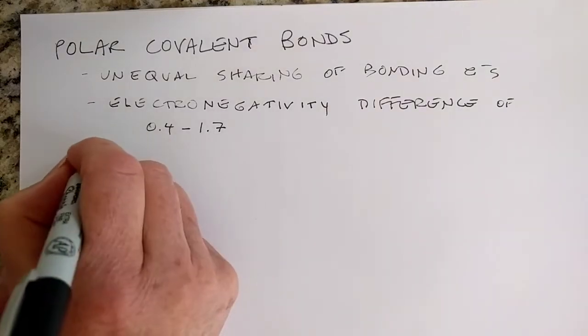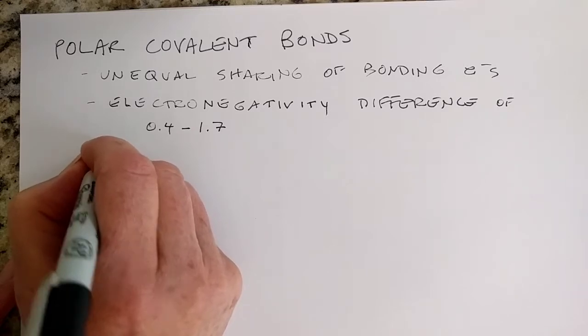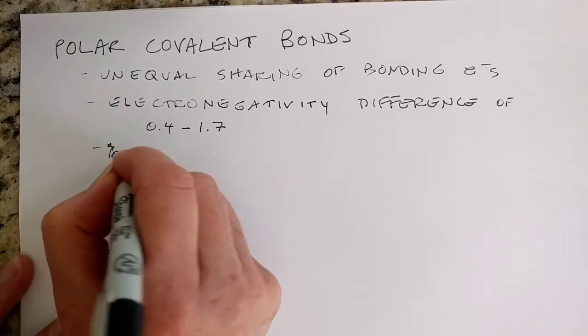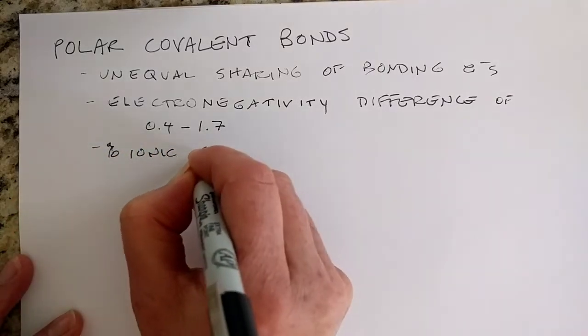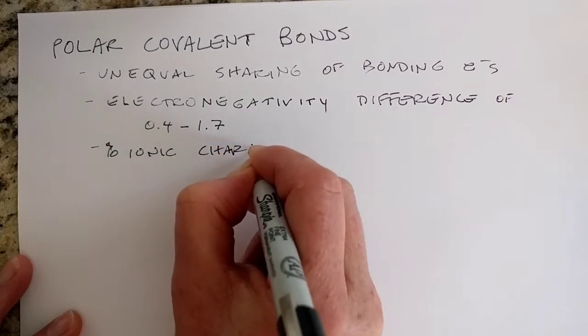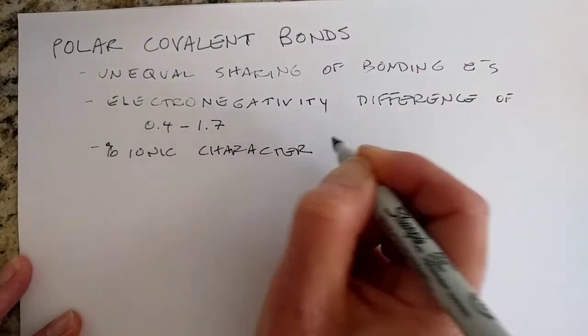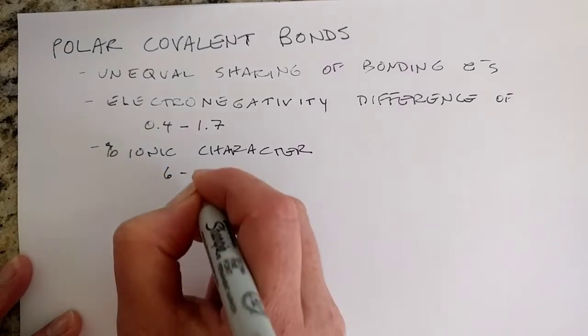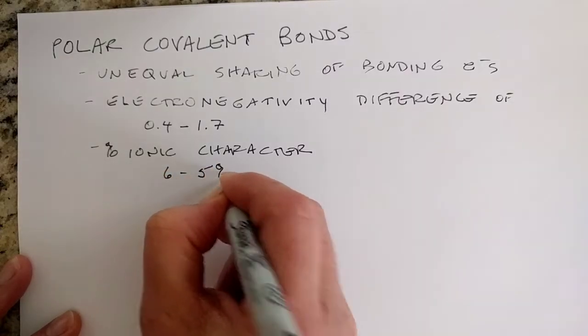And our percent ionic character is between 6 and 50%.